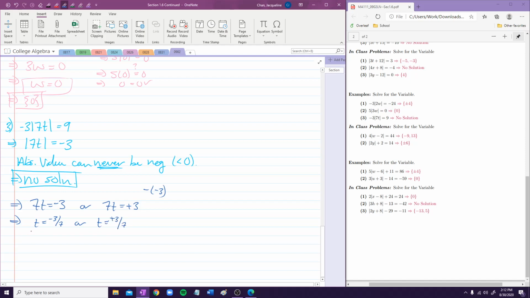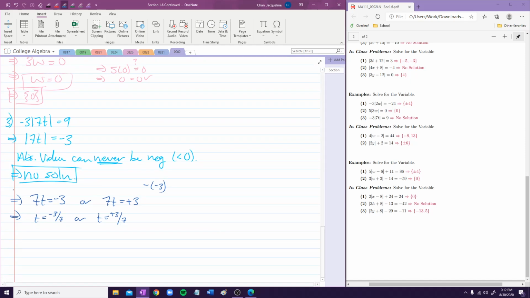I'm only going to check one, just for time purposes, but they will give you the same result. So I'm going to check t is equal to negative 3 over 7. Remember, we plug it into the original equation. So negative 3 times the absolute value of 7 times negative 3 over 7.